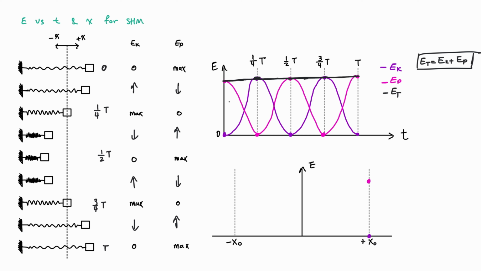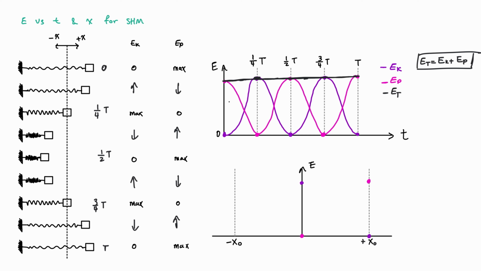Right at the equilibrium position right here, or these 2 points, we got maximum kinetic energy because the object is moving at its maximum speed, but we got no potential energy because the spring is not stretched or compressed, meaning that there is no deformation at all. So at this point, there is none of this, but there is lots of kinetic energy.